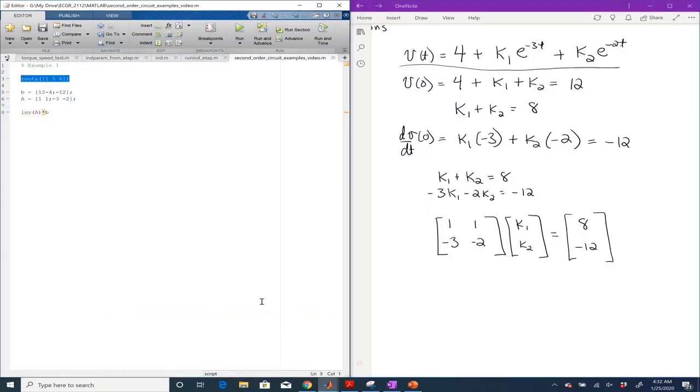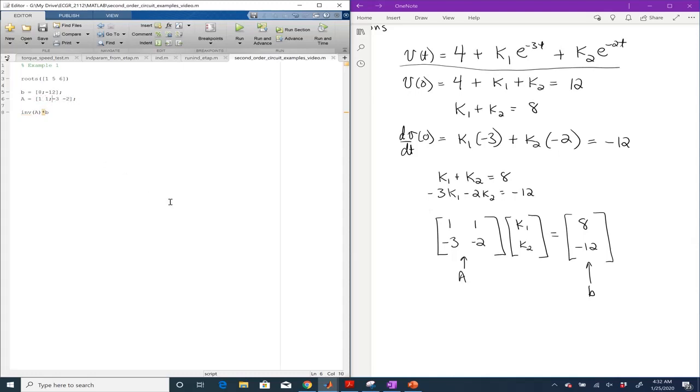So I went and put that into MATLAB. Here's me putting it in. I said 12 minus 4, 8. So this is B and this is A. My B vector has 8 semicolon negative 12, so these are on top of each other. Then my A matrix has 1 and 1, then a semicolon, then negative 3, negative 2.